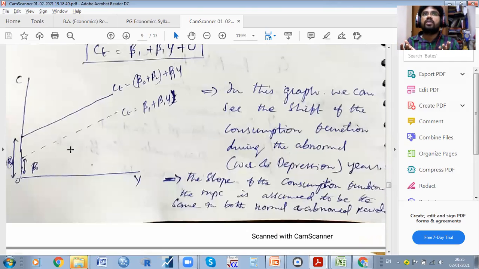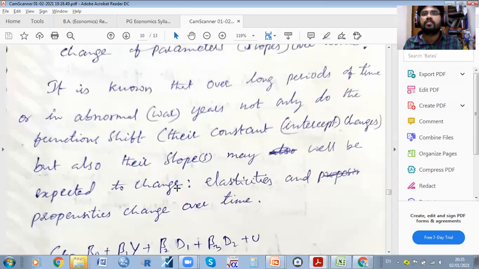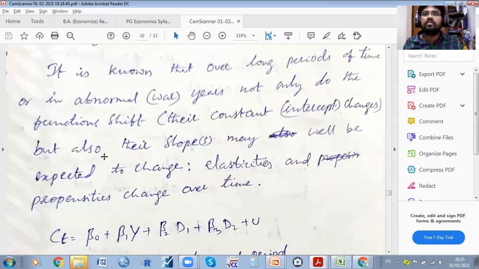Whatever produced goods are there, it will be over during the short period when there is no production. As you know, due to the corona, most of it. So the slopes will be expected to change, and elasticities and propensities change over time.